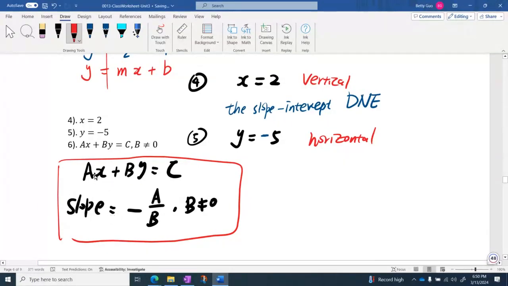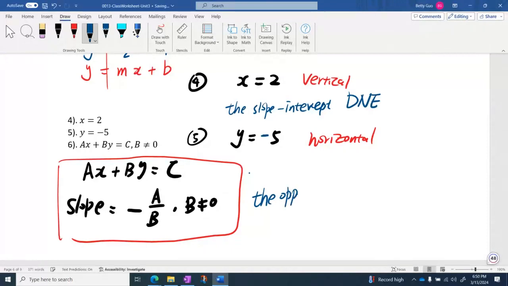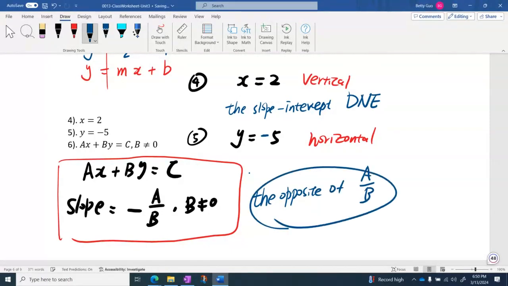If we have the straight line in the standard form, ax plus by, a is the coefficient of x, b is the coefficient of y. All you need to do is put a on the top, b on the bottom, make a fraction, and then take the opposite of a over b.